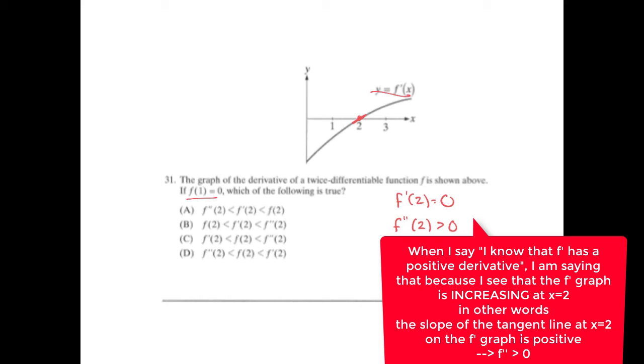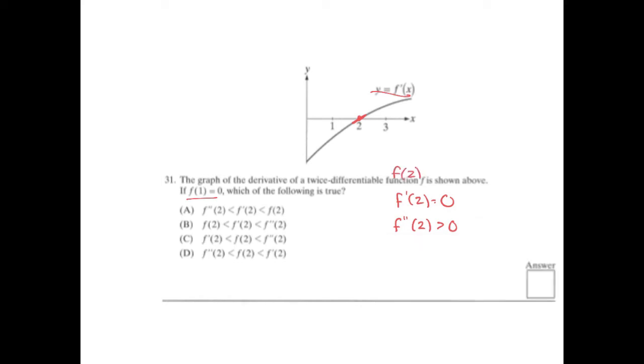And now, what do I know about f of 2? Think of this. We know that f prime is going from negative to positive, so f prime goes from negative to positive at x equals 2. So that means, therefore, f has a local min at x equals 2.